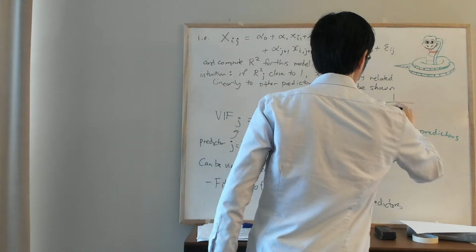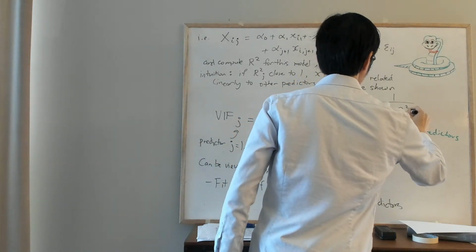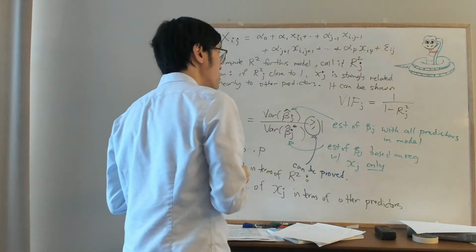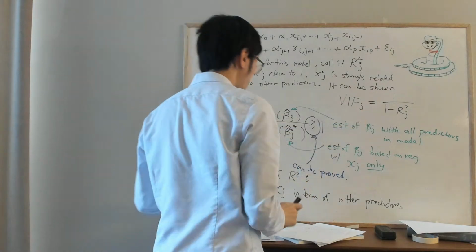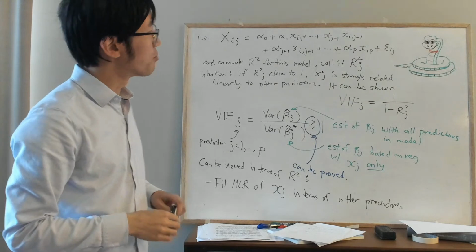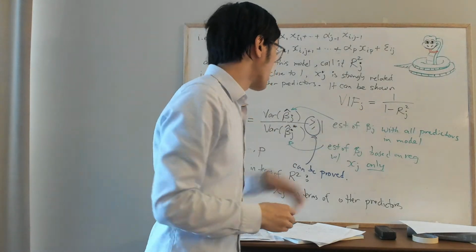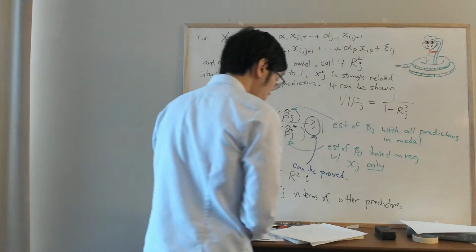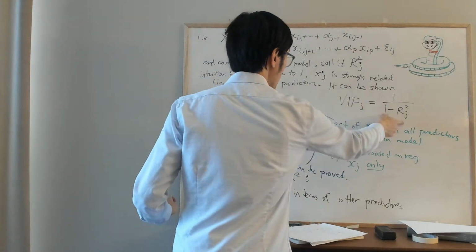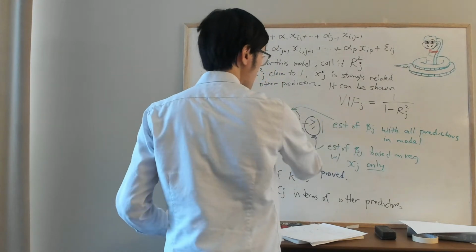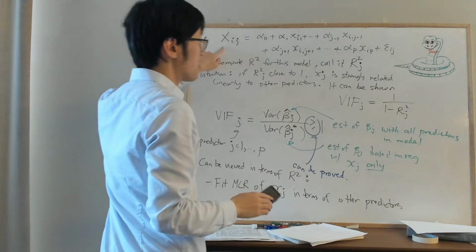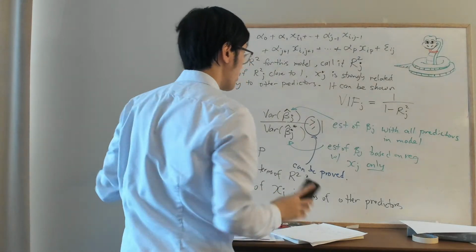It's just 1 over 1 minus R squared j. The linear algebra is a bit messy behind this proof, so we're going to omit it. But we can still look at this formula and see the relationship between the variance inflation and the R squared in this regression of one predictor on the others.